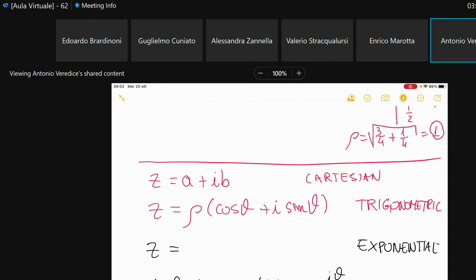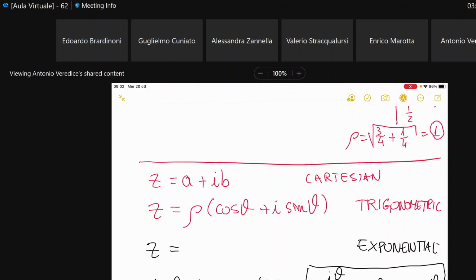He found that e, the Napier number, 2.71 and so on, to the power of i times theta, where i is the imaginary unit and theta is any real number, is cosine of theta plus i times sine of theta.